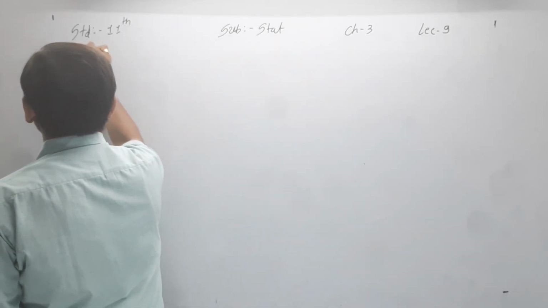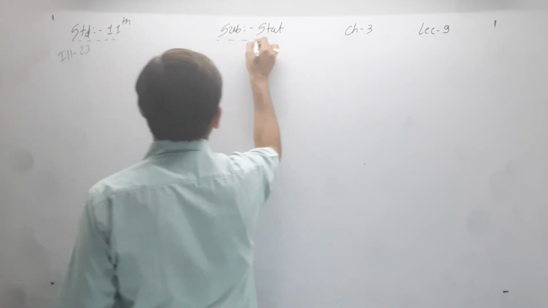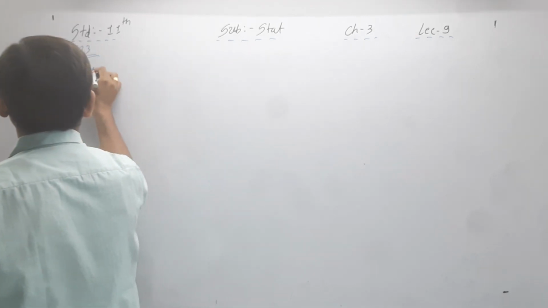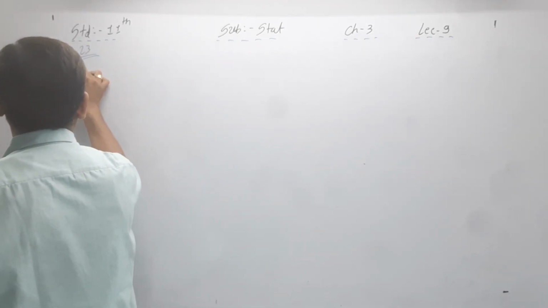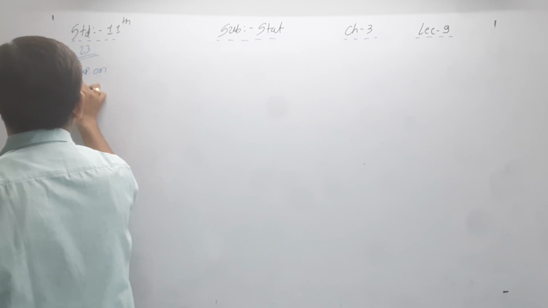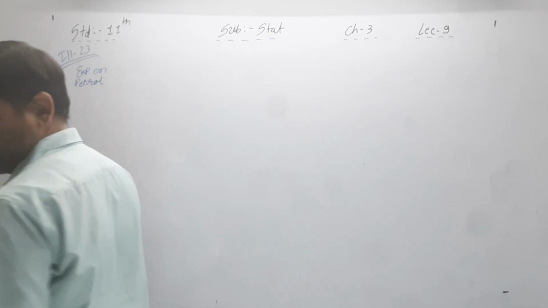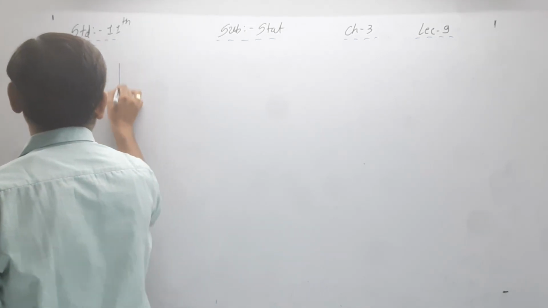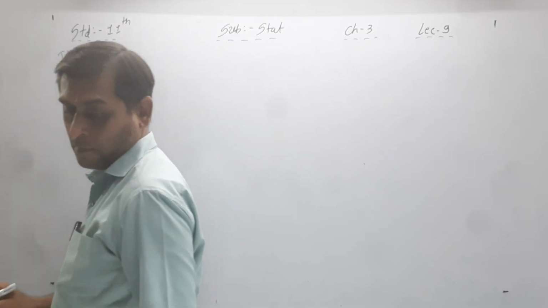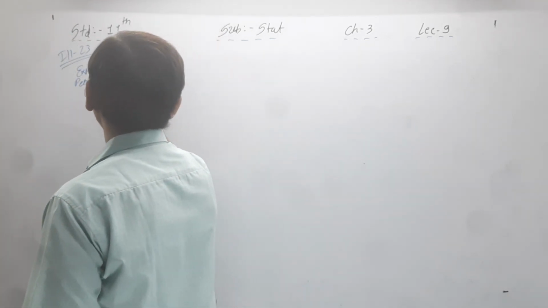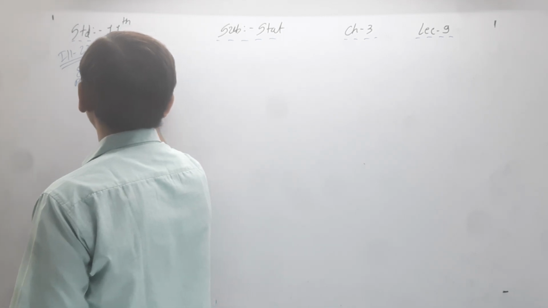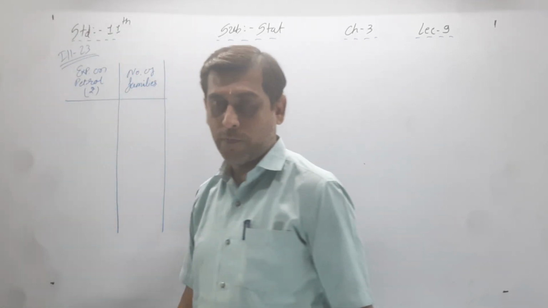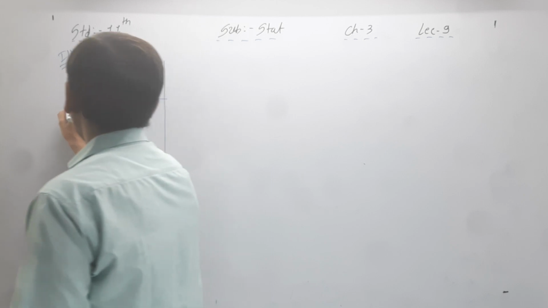Illustration number 23. Expenditure and number of families. These two data are given first of all, right. So I am writing out the question here.